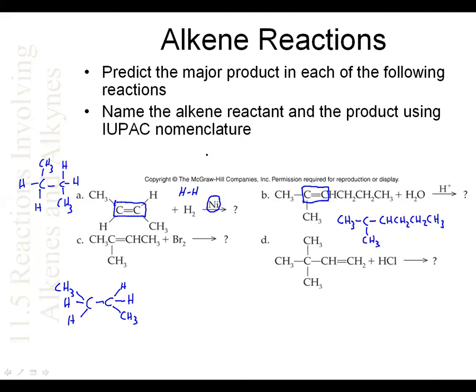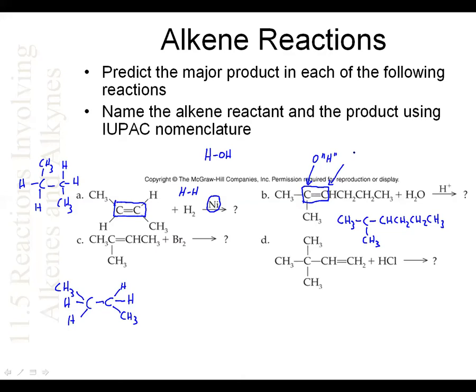Now in this case, we are adding water, which is H and OH. So we want to look at each of the carbons in that double bond to begin with. The carbon on the left-hand side has no hydrogens, 0 hydrogens. The carbon on the right-hand side has 1 hydrogen directly attached to it.